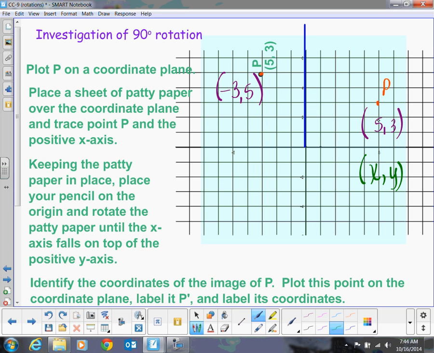Look at these numbers and look at these numbers. What happened to the numbers? They flipped. And what else happened? Which one turned negative? The x. So a positive 90-degree rotation is going to be negative y, x. In other words, switch numbers, take the opposite of the first.